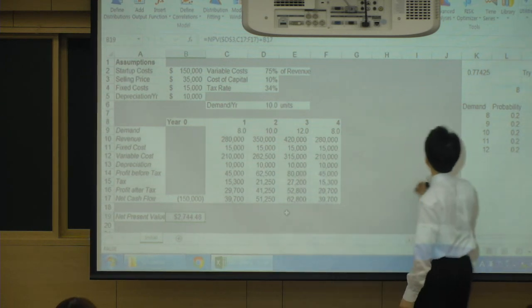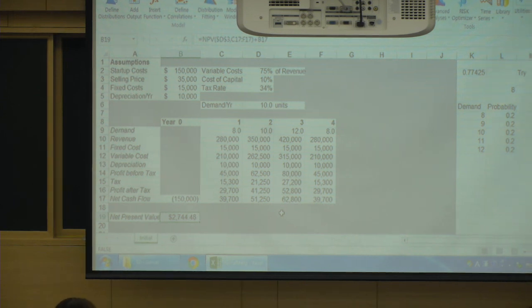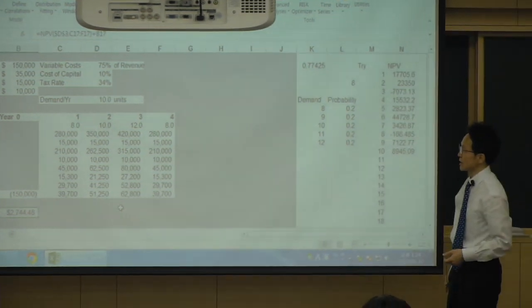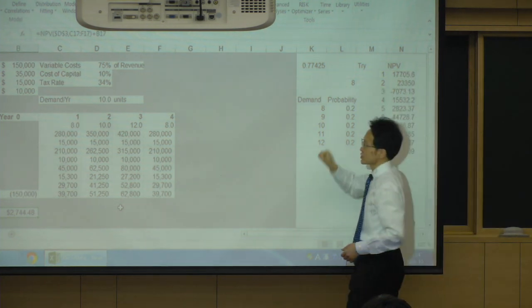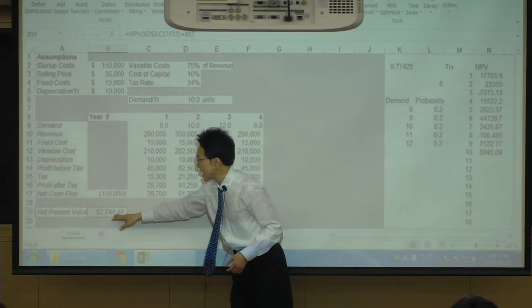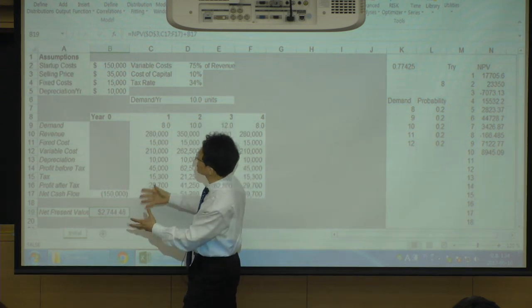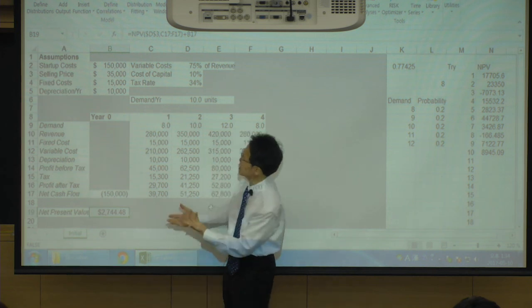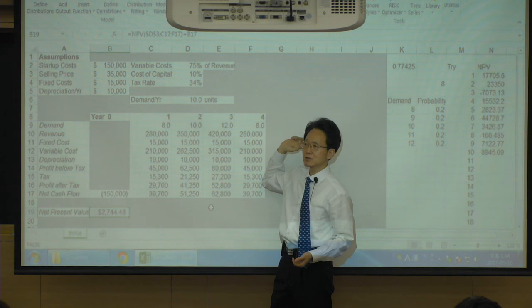I want to look at how this net present value changes. The most primitive way is you actually do this yourself 1,000 times. But we don't want to do that. So we want to use @RISK as our simulation software. And then that's the net present value, which is our goal. We want to look at how this net present value changes as demand changes following this demand probability distribution.